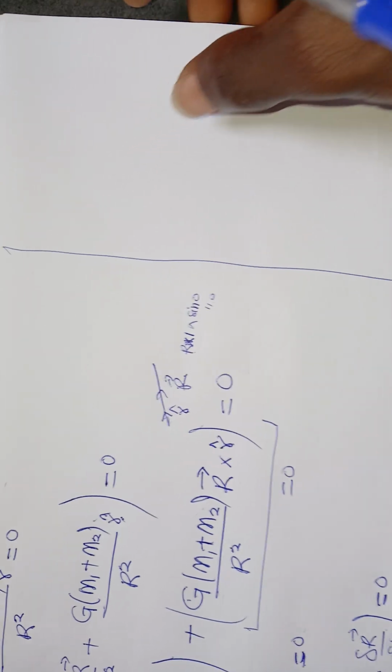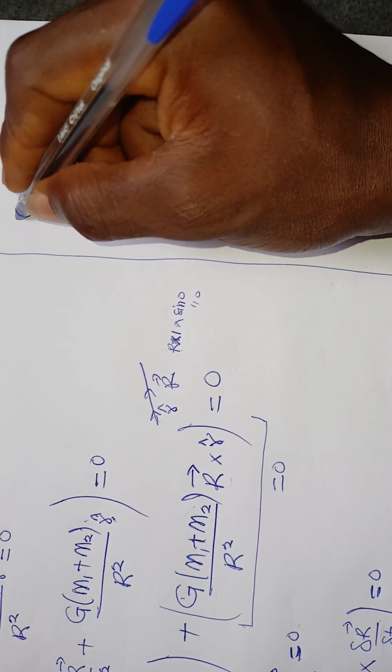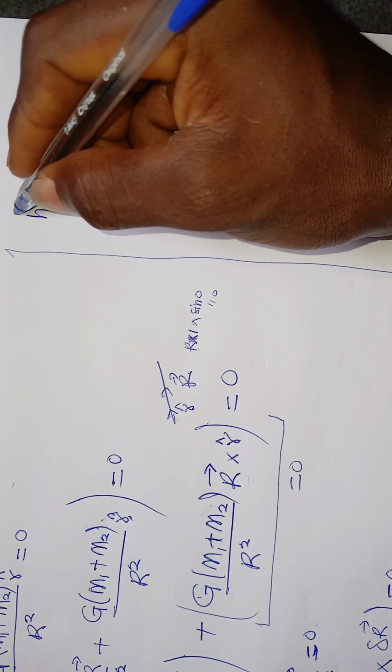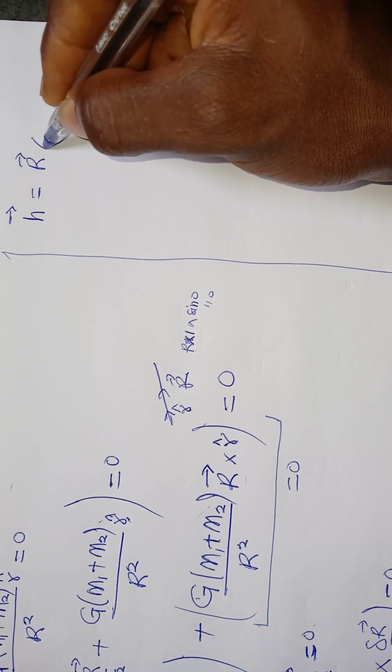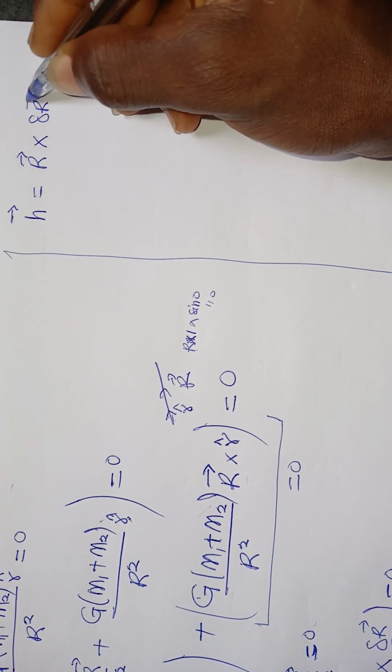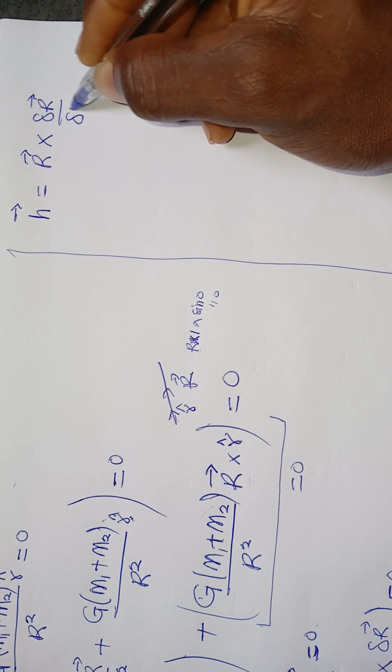let's give it another name, h, which is a vector too, is equal to the position vector r cross its first derivative, dr dt.